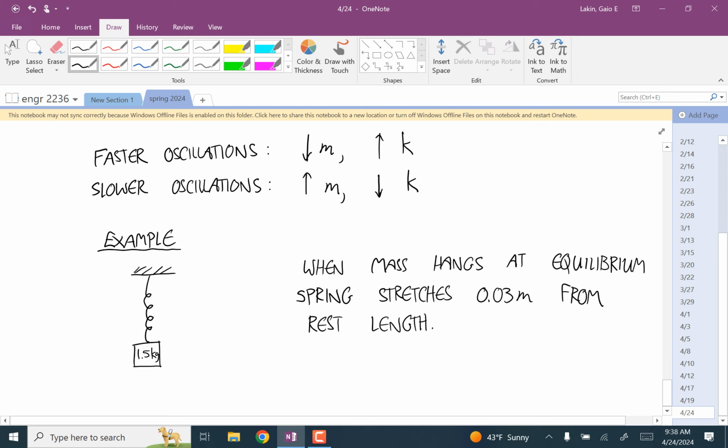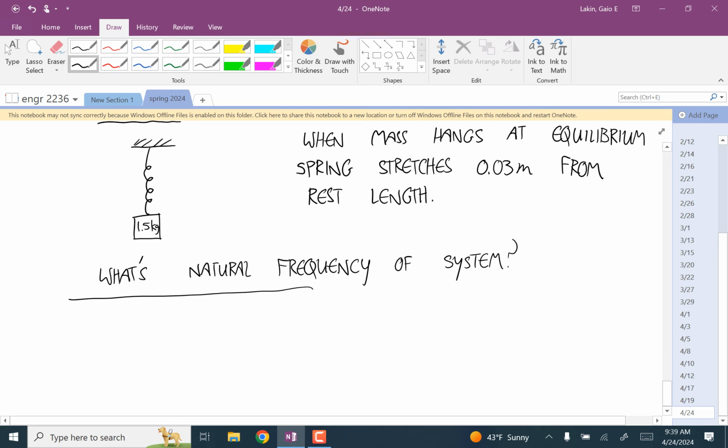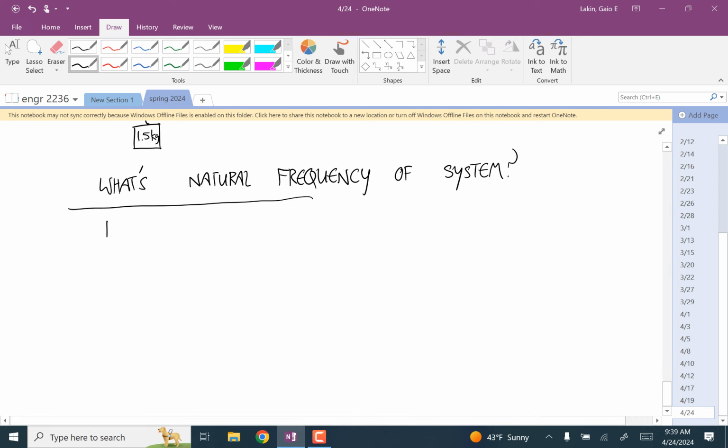Okay, well, we don't have the K value, but we can use this to calculate K. And let's say we want to calculate the natural frequency of this system. So let's first figure out what the K value is. I'm going to draw a free body diagram of the system.